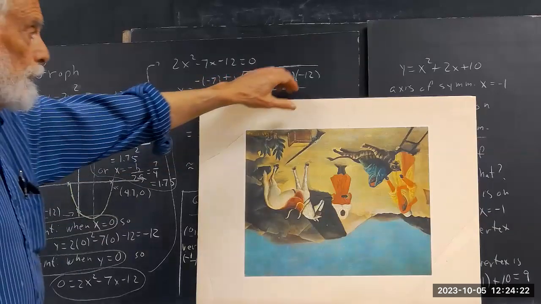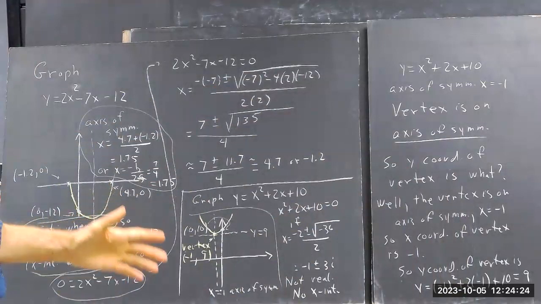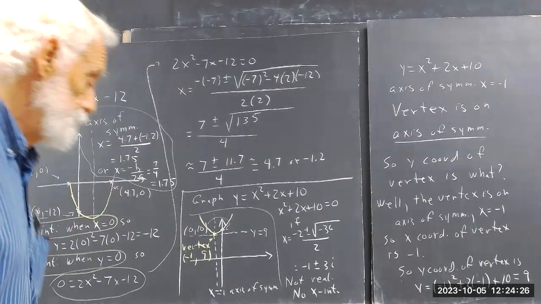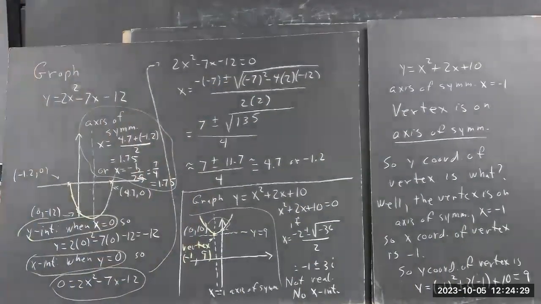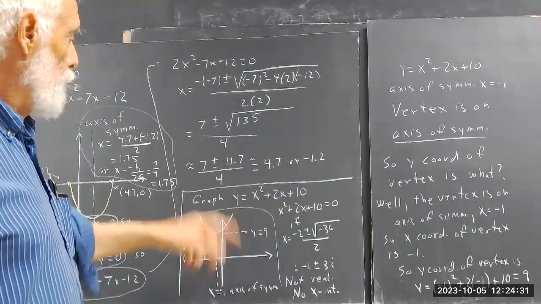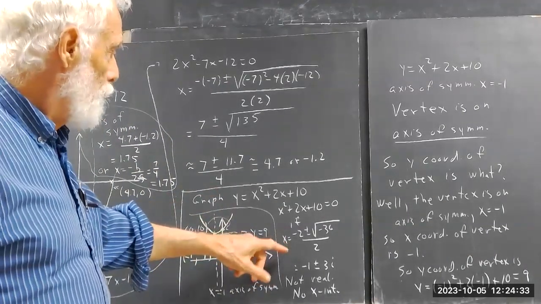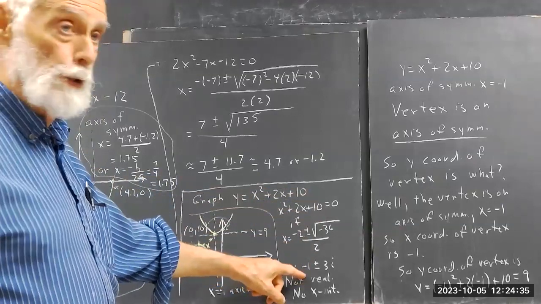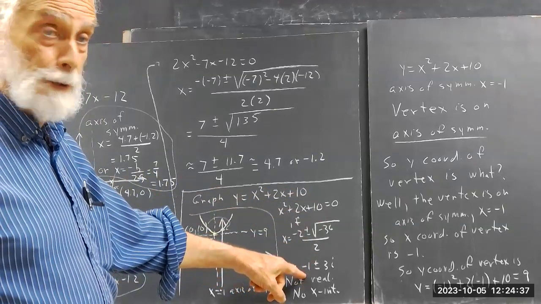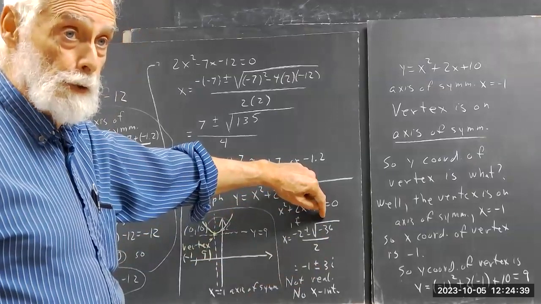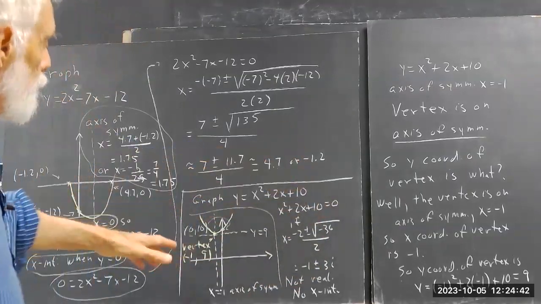At some point, the screen blurs, but there it is. Again, just to summarize, to graph this, by finding the zeros, we find that there are no x-intercepts because we get the square root of a negative here. We don't get any x-intercepts.